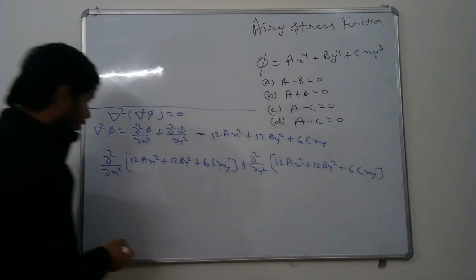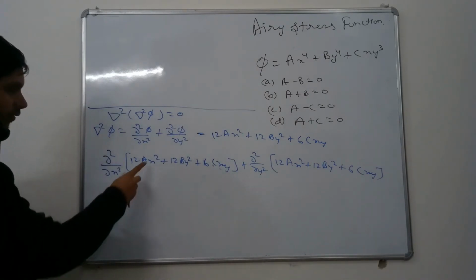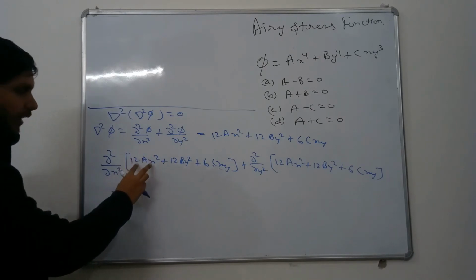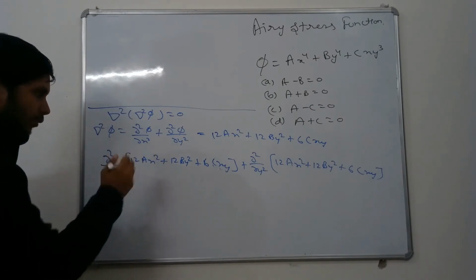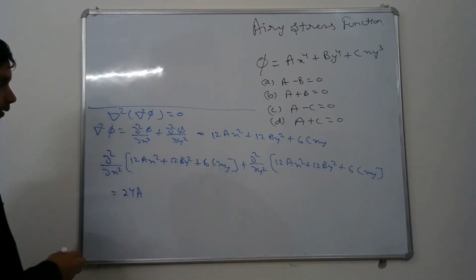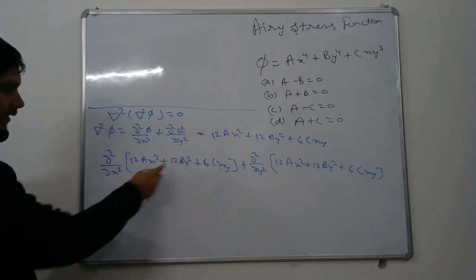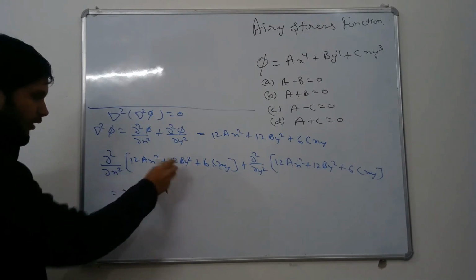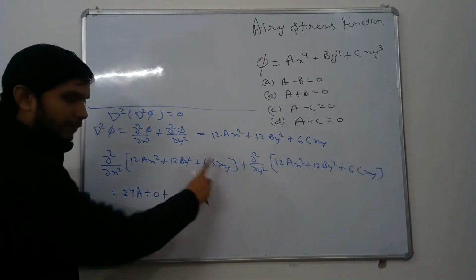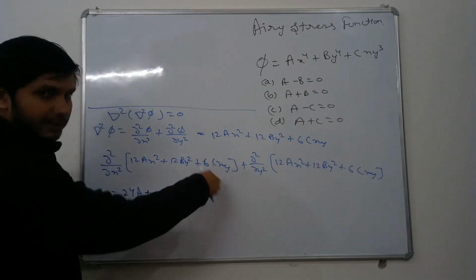If you solve, I am going to do the two differentiations directly. One differentiation by x gives 12 times 2 is 24, 24a x; the second time the x will be gone, so it will be 24a. Then for the second term, there is no term of x by itself, so it will be 0, plus 6c y the first time, but the second time it will be 0.